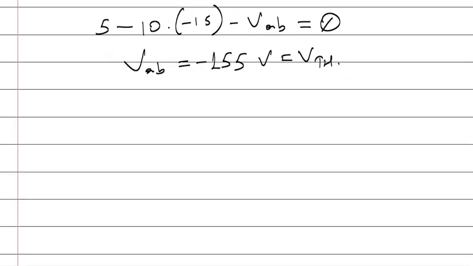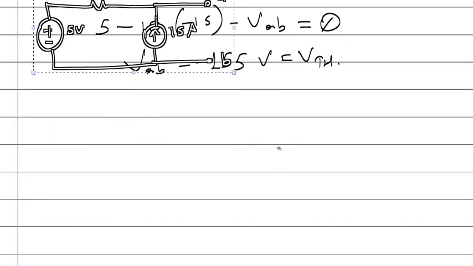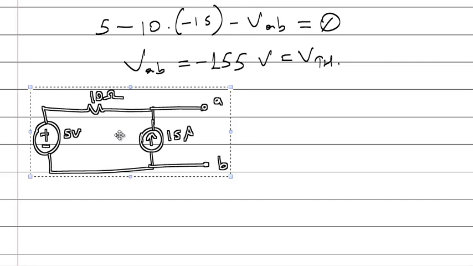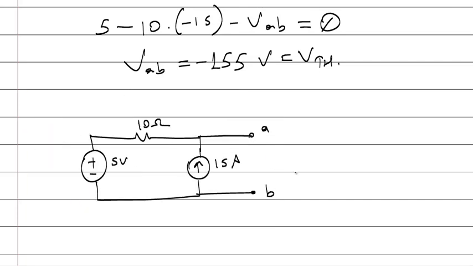Now, let's calculate the Thevenin resistance of the circuit. While calculating the Thevenin resistance, what should we do? Turn off sources.